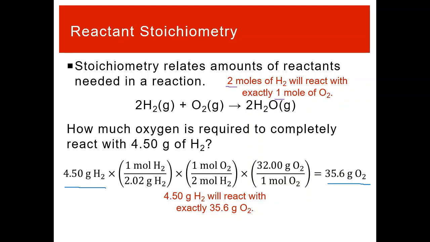That is the perfect ratio that matches the 2 molecules of H2 for every 1 molecule of O2. And it comes from that stoichiometry calculation, which is why we call it a stoichiometric ratio. So if you have this mass of hydrogen and you want to know what the stoichiometric amount of oxygen is, it's 35.6.